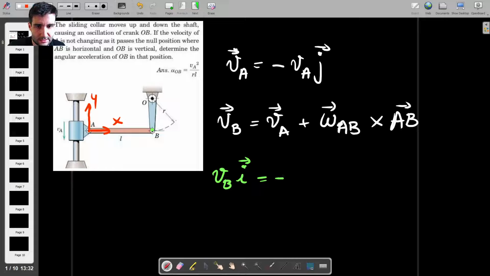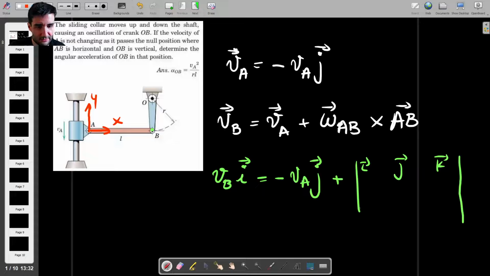So that is VA, which we know is minus VA times j, plus, in terms of the second term, the determinant that we have to deal with, which is omega AB, and then AB is just L, right?